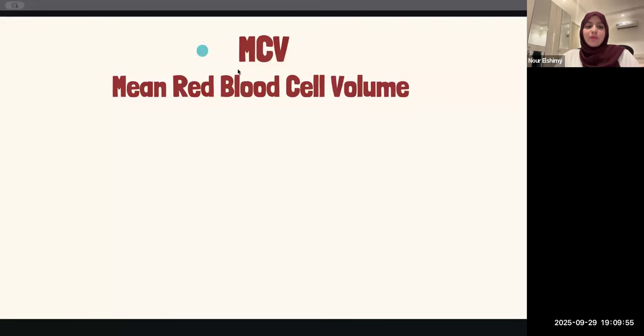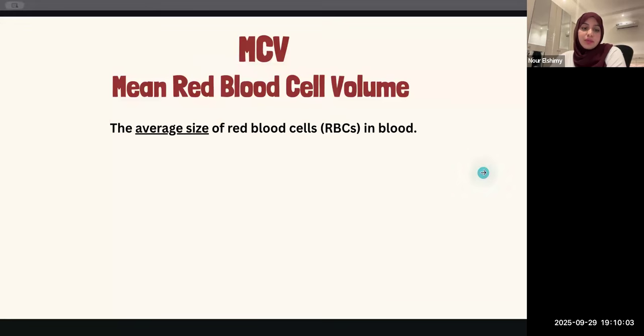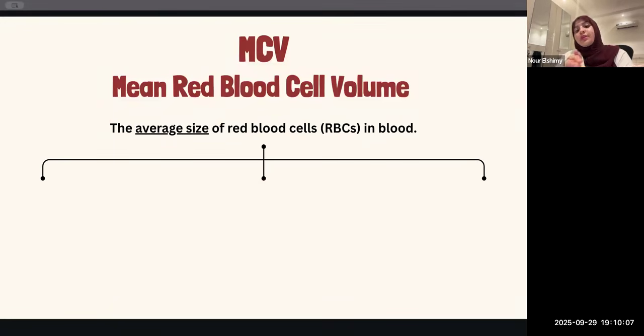Okay, let's continue. Now, let's talk about MCV. MCV tells us about the average size of the red blood cell in blood. All right. So we have 3 scenarios right here. First off, the normal average size of the red blood cell, which we call normocytic. And let's break down this word. Normo means normal, cytic means cell.